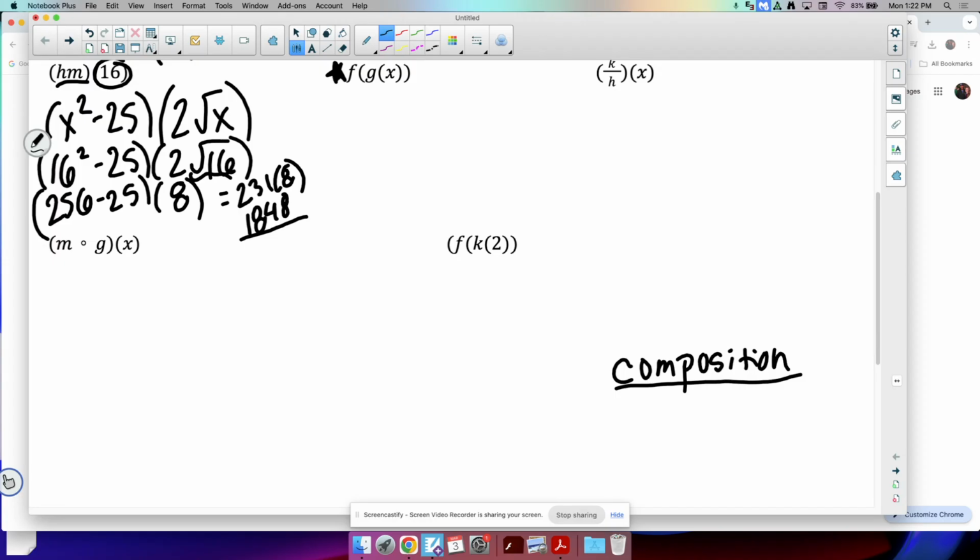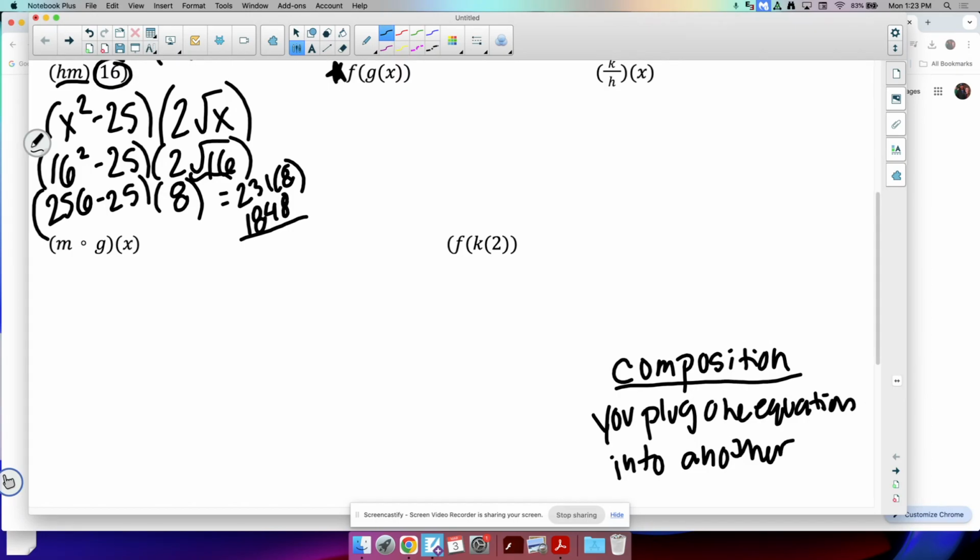So a composition just means you plug one equation into another. Compositions themselves aren't tricky as long as you remember the setup. Because once you have it set up, it's pretty straightforward, you just plug it in. That's all a composition is.